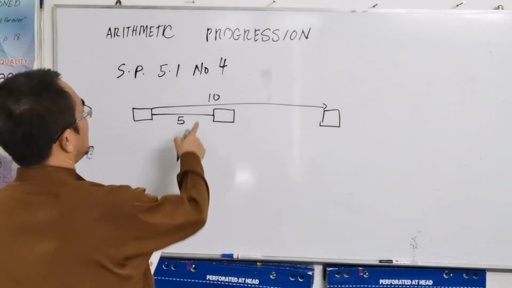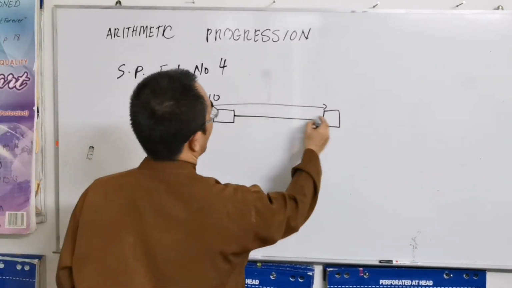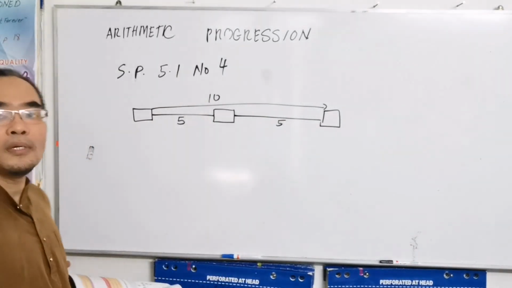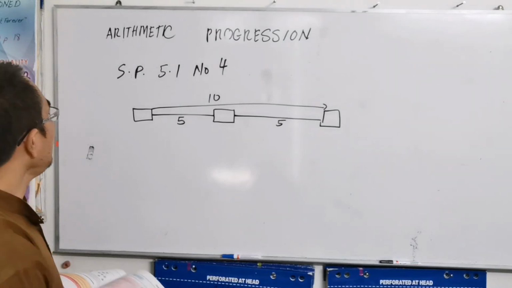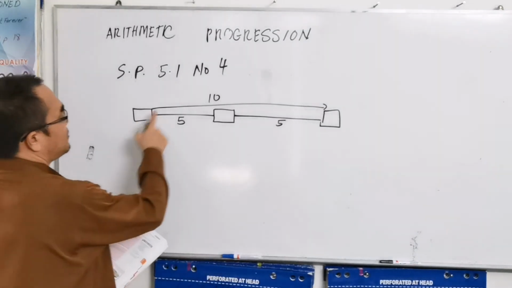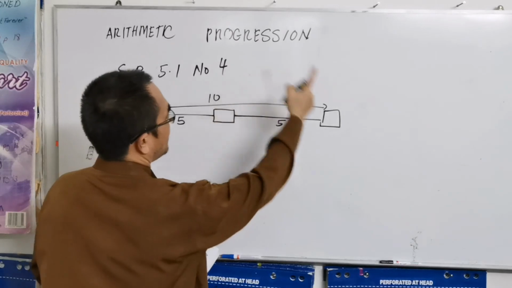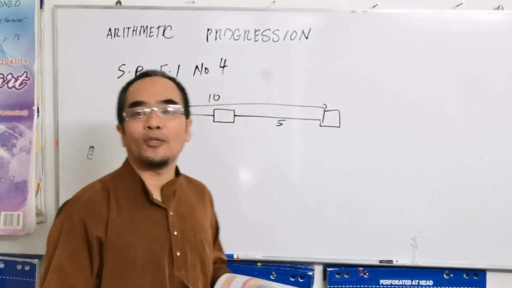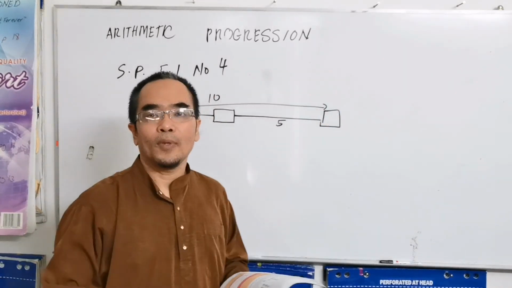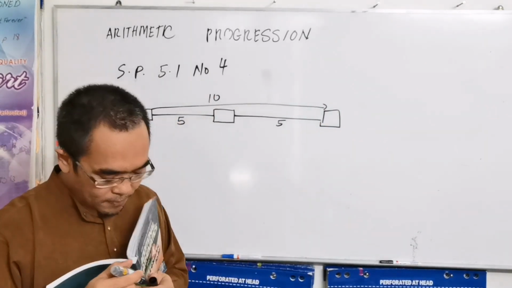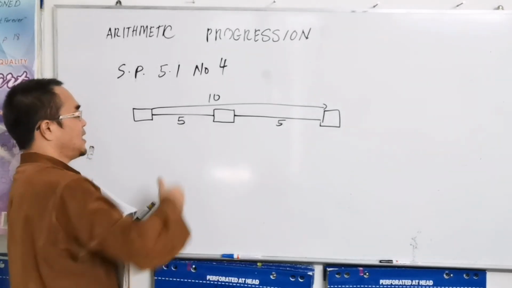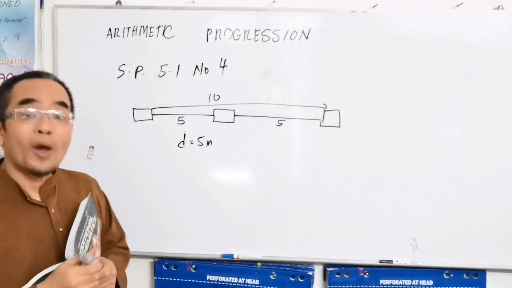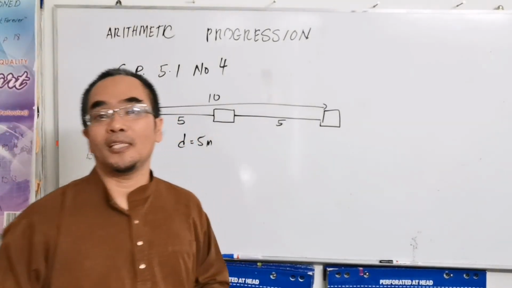Because this is 10, so this is another 5. So the answer is yes. Because the first one after 5 meters, the second one after 5 meters will be the third one, and so on and so forth until the end of the corridor. Because the difference is 5 meters from one flag to another. That's the justification.